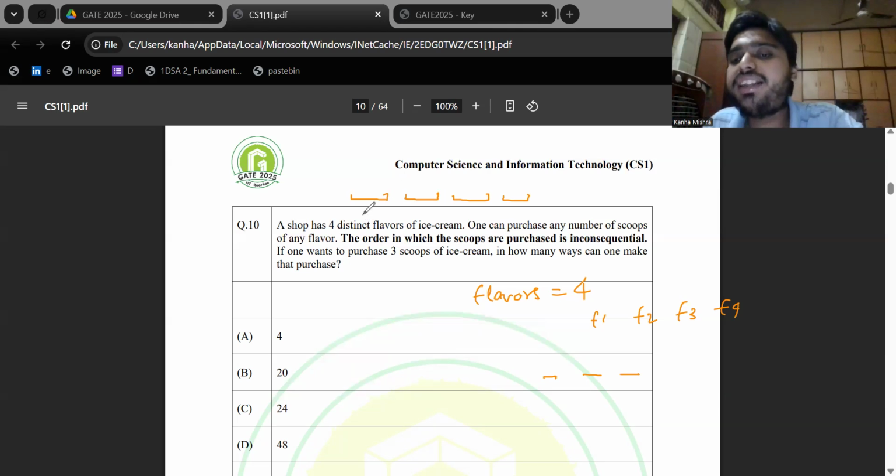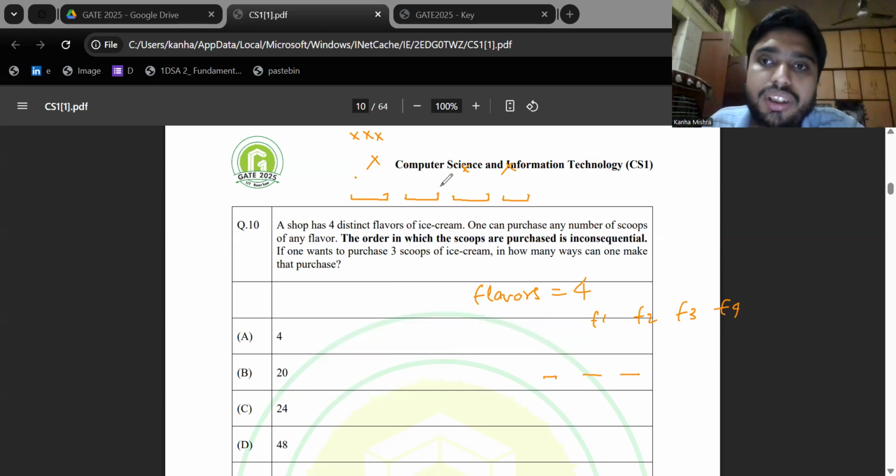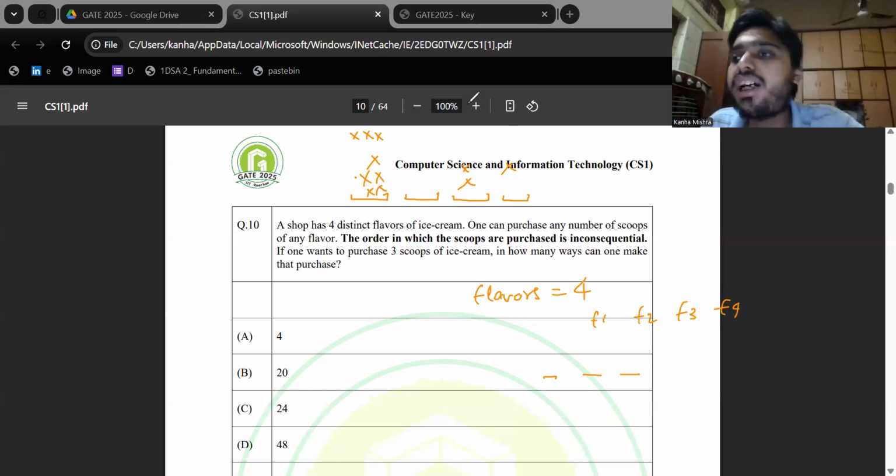Let's say all three come in the first flavor, or one comes here, one comes here, one comes here, or two comes here, one comes here. We have to write all the possible cases, and that can take a lot of time to write.